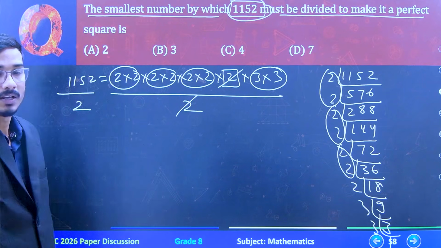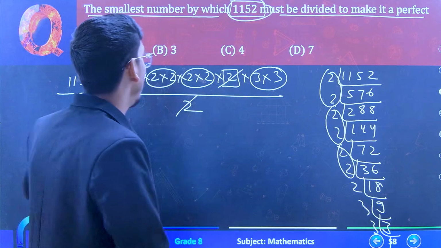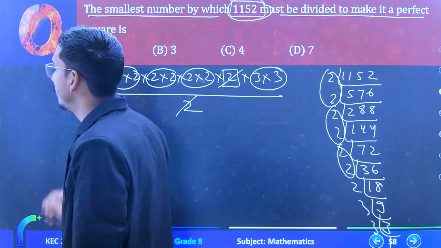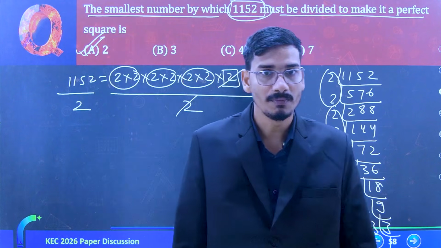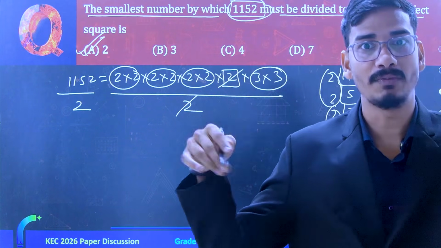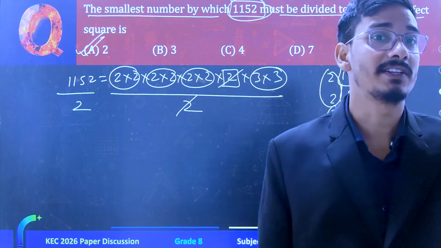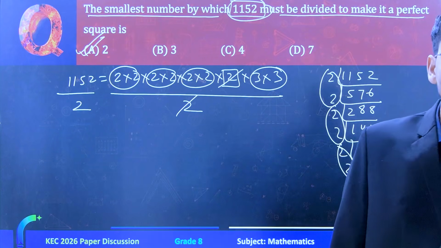So the remaining factors are in pairs, so it becomes a perfect square. So which number, beta? Option number A. If you divide 1152 by 2, we will get a perfect square. Okay? Am I clear or not clear?